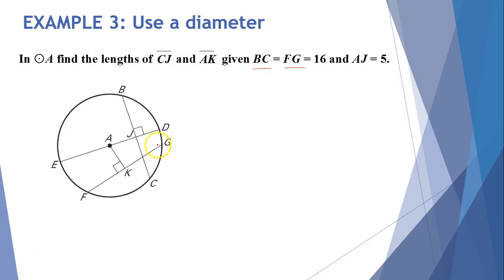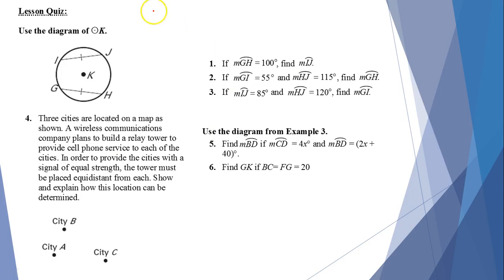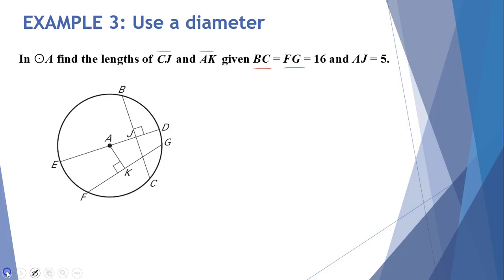Okay, so we should know something from this theorem right here, Theorem 5.10. We should know that the diameter DE is perpendicular to BC.